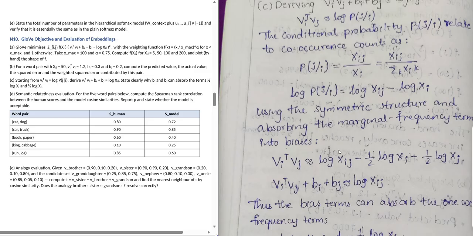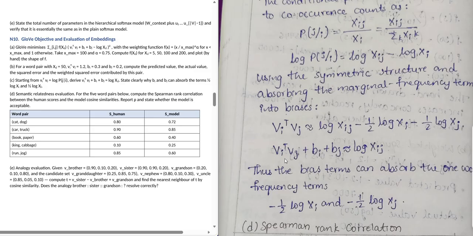Similarly, we are calculating the symmetric structure and absorbing the word frequency terms into the biases. Finally, we found that v_i transpose v_j plus b_i plus b_j is similarly log of x_ij.